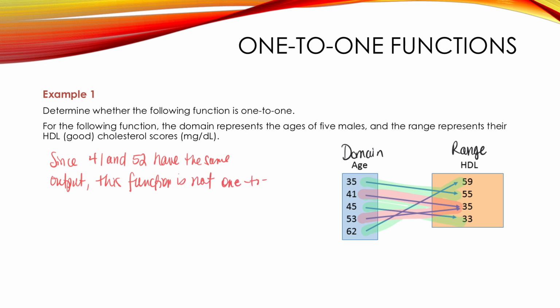We could also say that for x equaling 41 and x equaling 52, f of 41 equals f of 52, and that's another reason why it is not one-to-one. Remember, it is still a function because every input has only one output. But you're not allowed to repeat outputs for different inputs if you want it to be one-to-one and have an inverse.